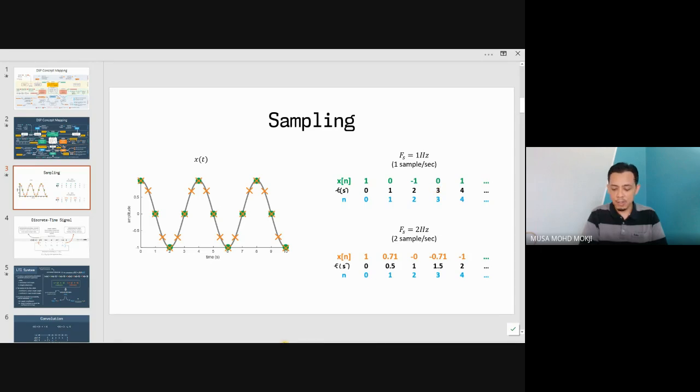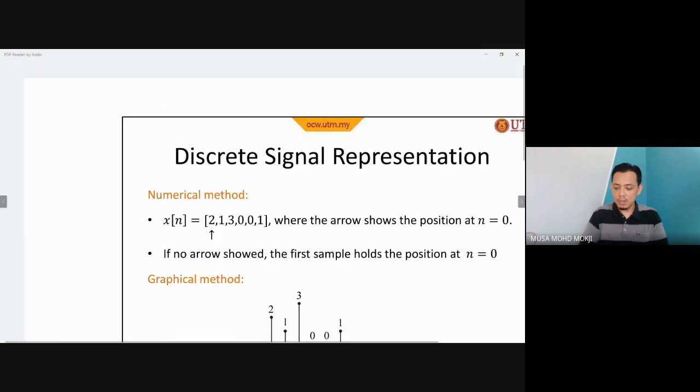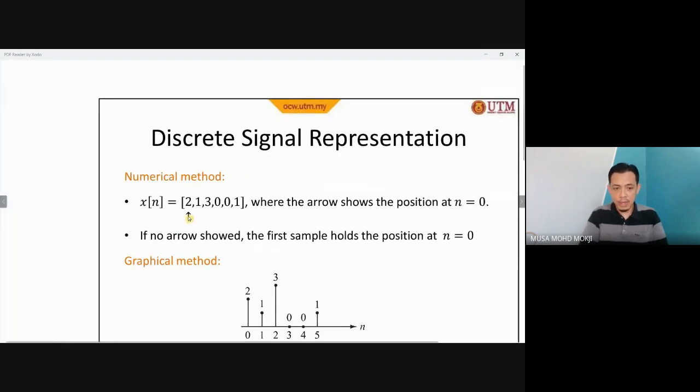Okay. So what does a discrete signal actually look like? It is actually a sequence of values. A sequence of values. And what is this arrow? The arrow shows the position at n equals to 0. Of course, theoretically we can start our signal at a negative time.